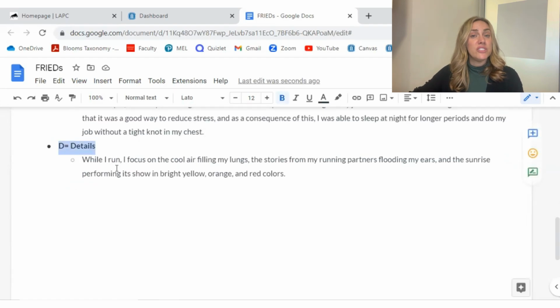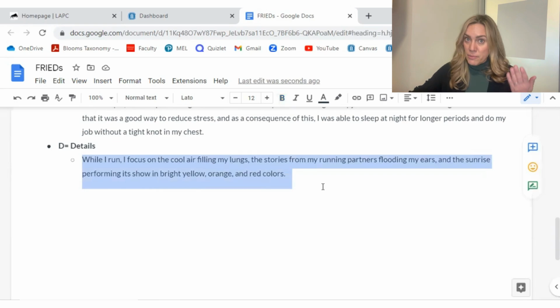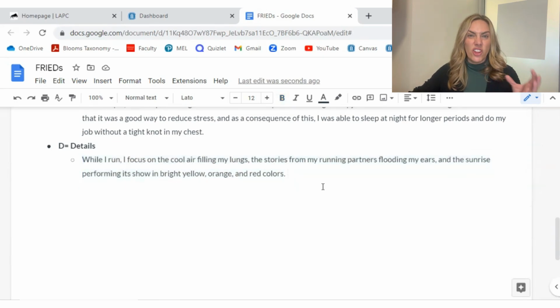And finally, you can use details. What we mean by details is using lots of descriptive words, like using your senses like sight, hearing, smell, touch, right? Taste to describe things, or using lots of adjectives, or using personification for verbs, turning the actions into things that humans do. So here you can see I'm developing that topic sentence, but I'm using lots of detail to do that.